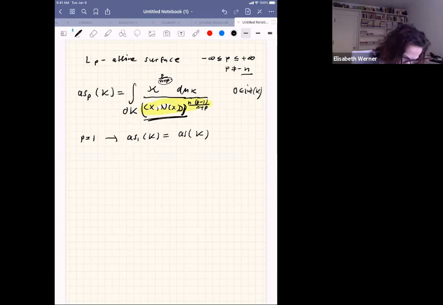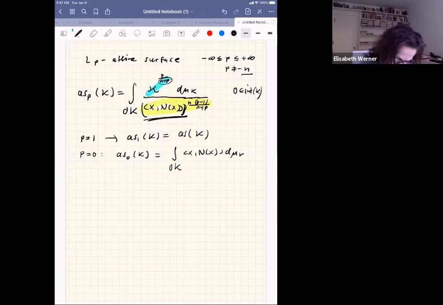There is other things that I want you to notice, namely, if we look at the 0-affine surface area, what happens is that the Gauss curvature term disappears, and we end up with p equal to 0. So we'll just end up with the integral over the boundary of K of this inner product.